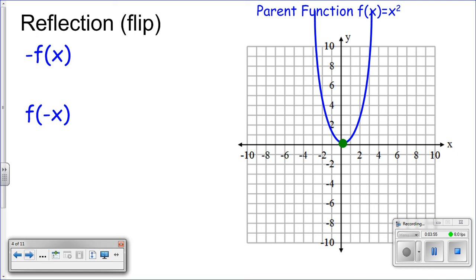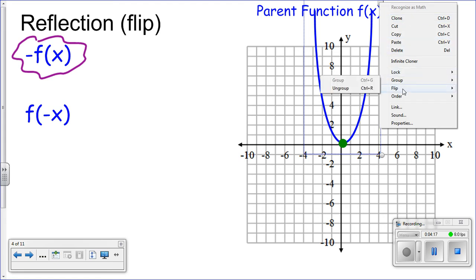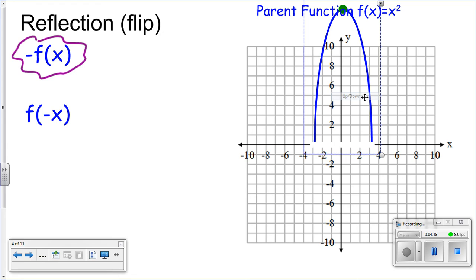Reflection. Okay, so in this first one right here, what we're doing is we're changing all the y values. So if you look at our parent function right now, all the y values are actually positive. But if I negate all of them, all my y values become negative. So if I make this so that all my y values become negative, what I'm actually doing is flipping this upside down.